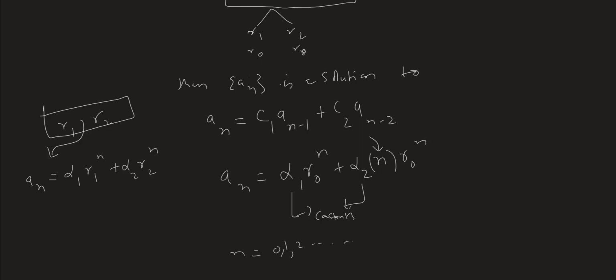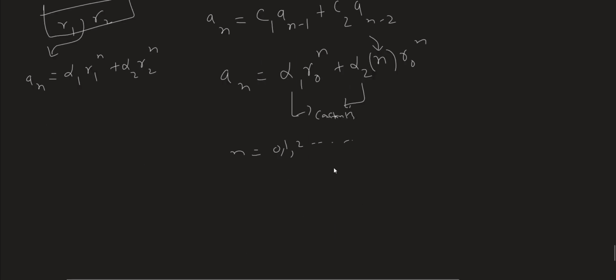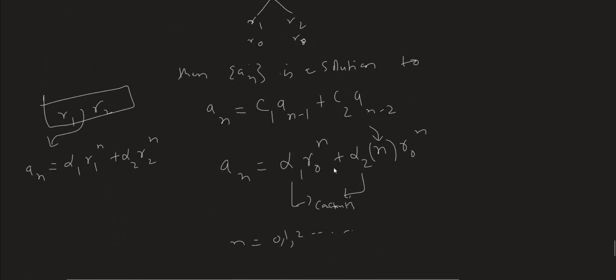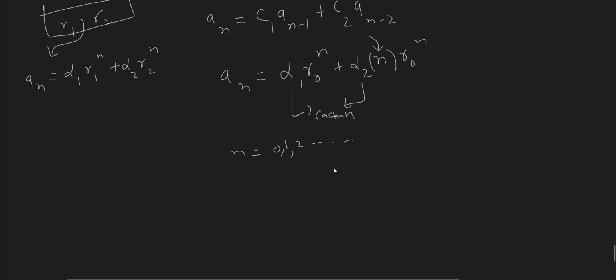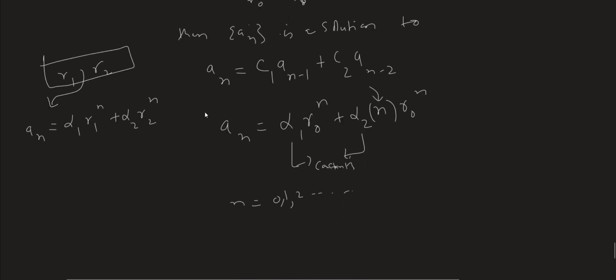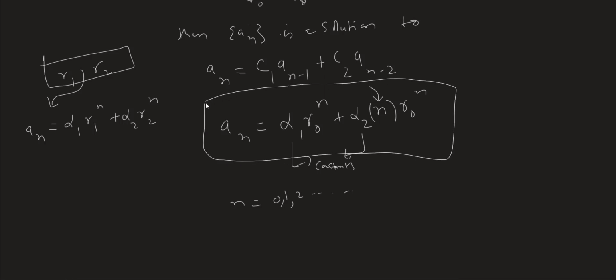Now the meaning of this will be clear with an example. The moment we see the repetition of roots, we'll be using this in the equation with the degree 2.